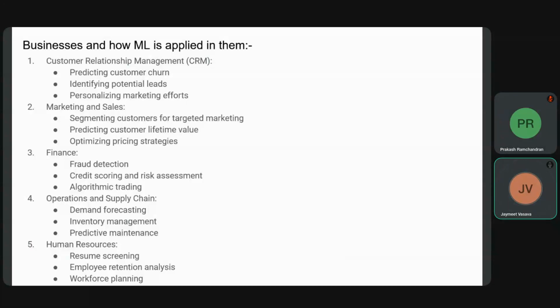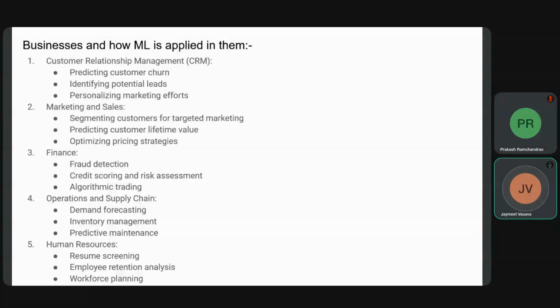So let's just go through a few examples. In customer relationship management, AI, or ML specifically, can help us in predicting customer churn, identifying potential leads, and personalizing marketing efforts. Then comes marketing and sales: segmenting customers for targeted marketing, predicting customer lifetime value, and optimizing pricing strategy.